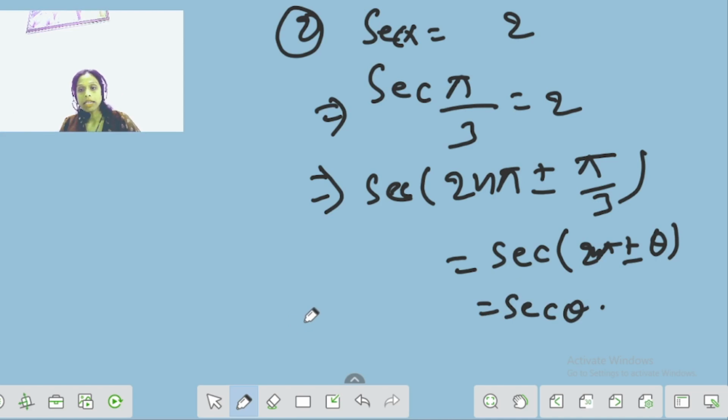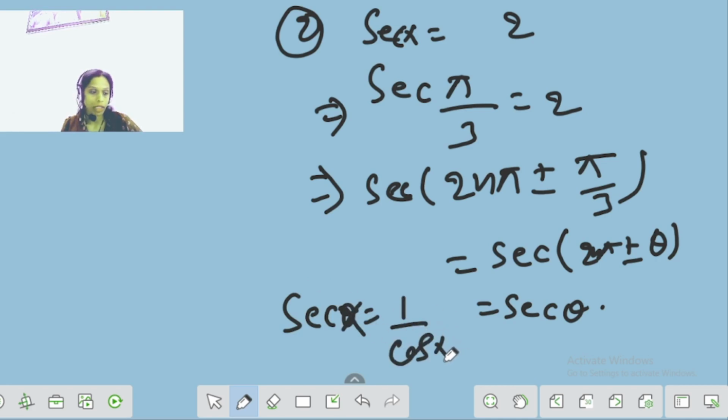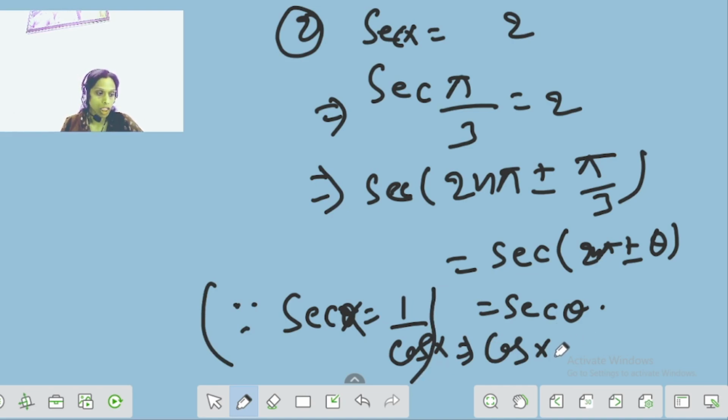Then what is the general solution? You know very well sec x is equal to 1 by cos x, which means cos x is equal to cos pi by 3.